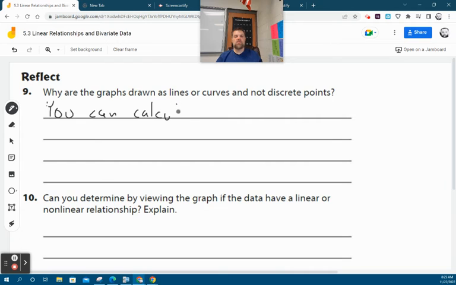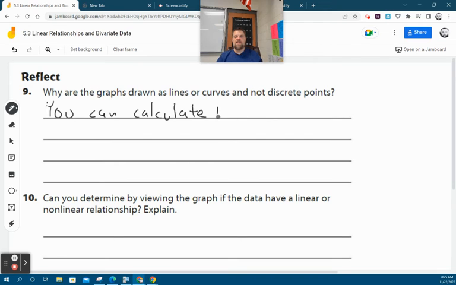So what they're saying is, why is it that we're doing it as, well, let me explain what discrete points means. Discrete points means that it's just a point. Why are we drawing a line between them? Well, because the value will change, right? So we'll write this down and then we'll explain what it means.